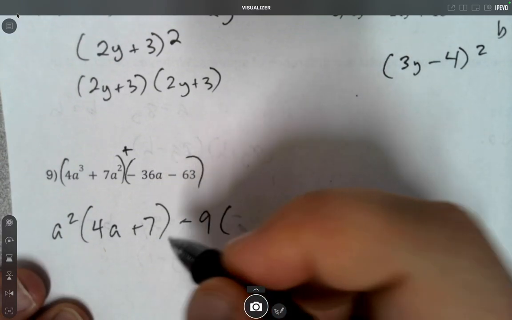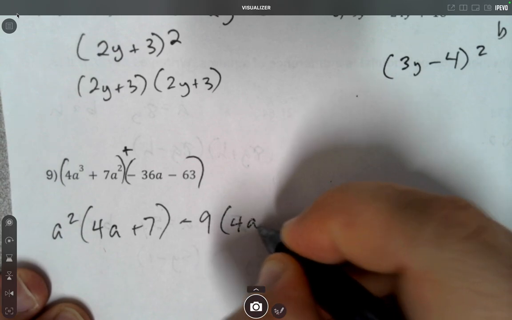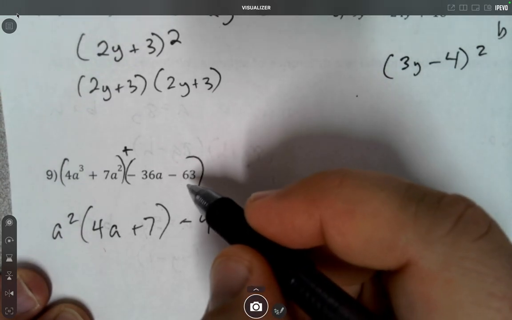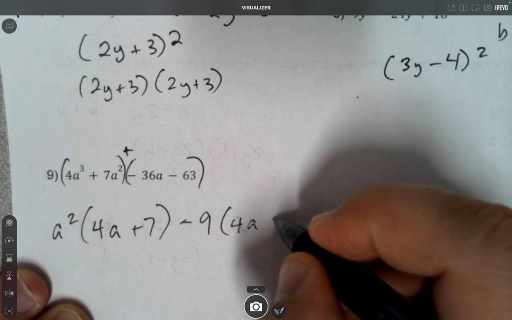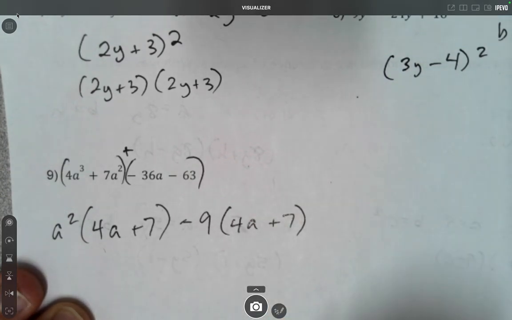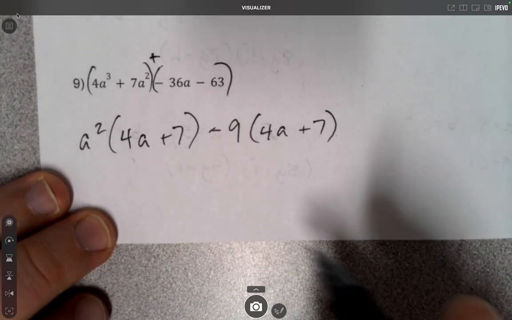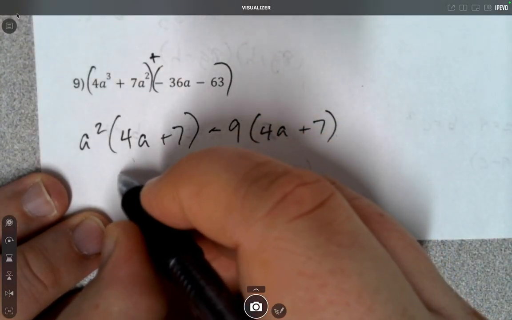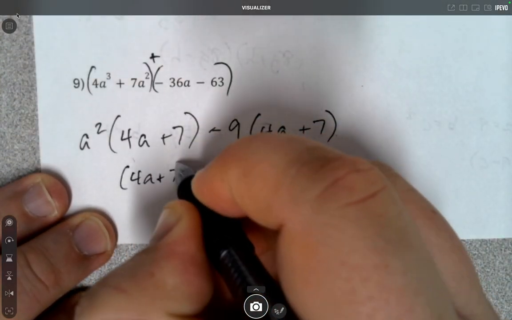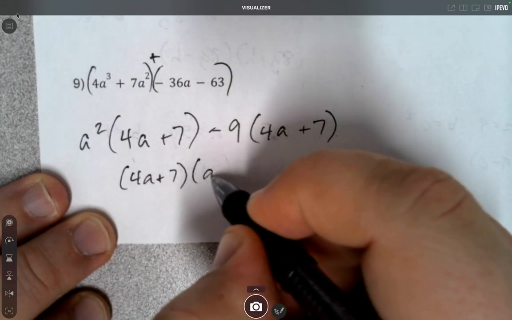Negative 36 divided by negative 9 is positive 4, and we leave the a. Negative 63 divided by negative 9 is positive 7. And lo and behold, 4a plus 7, 4a plus 7, they match. So I can write 4a plus 7, and what's left is a squared minus 9.